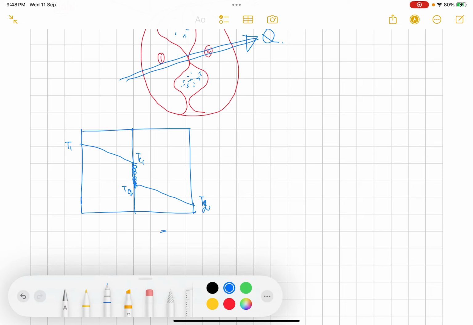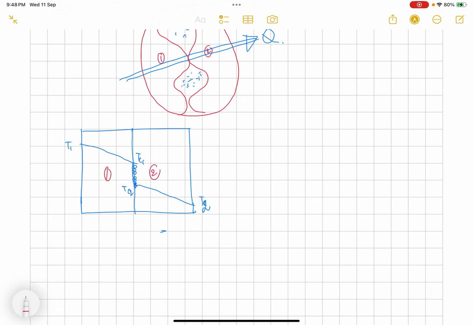And this drop of temperature is because of the contact between material 1 and material 2, and this resistance that emerged out of the contact of two materials is called contact resistance.